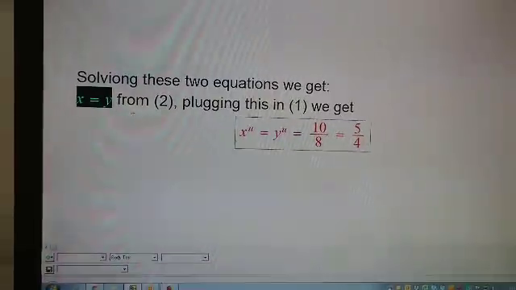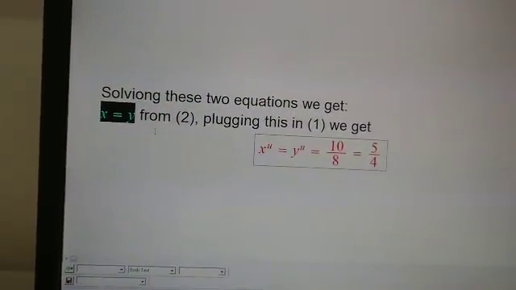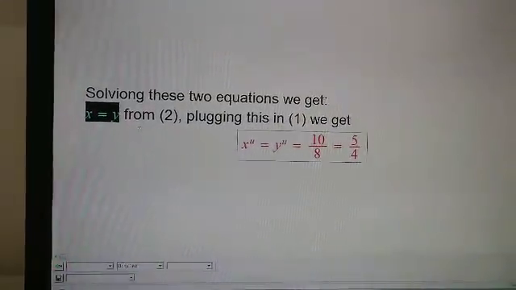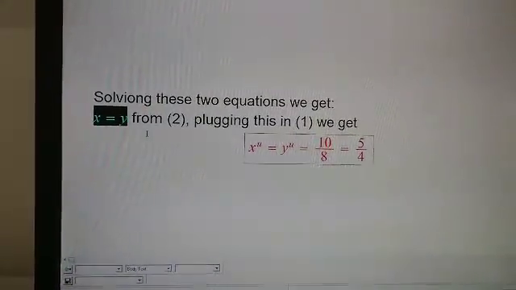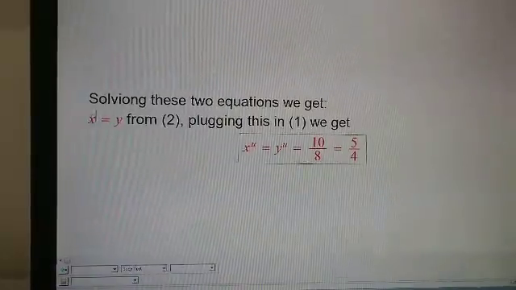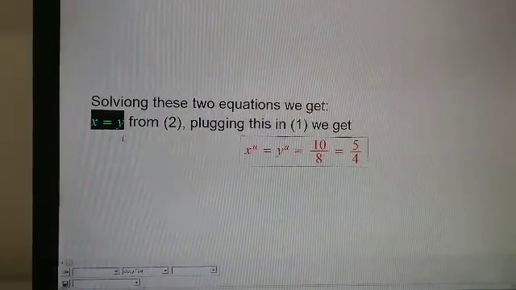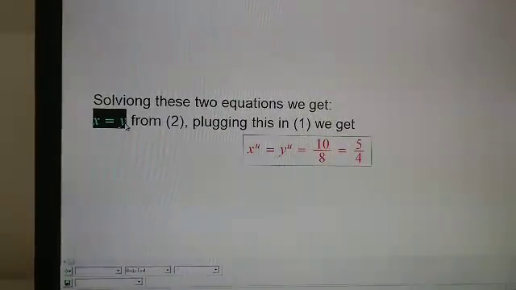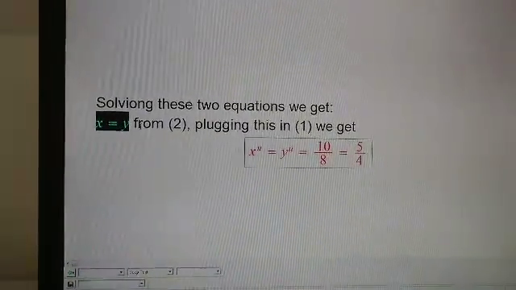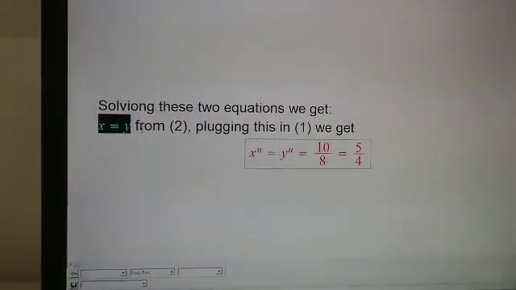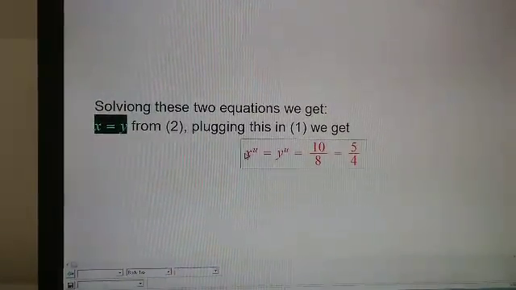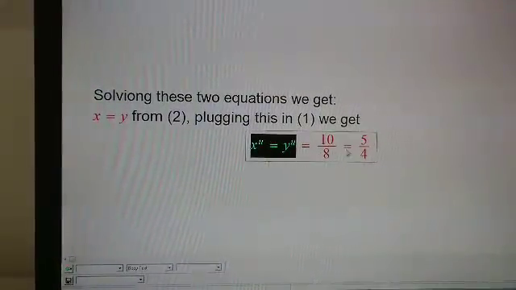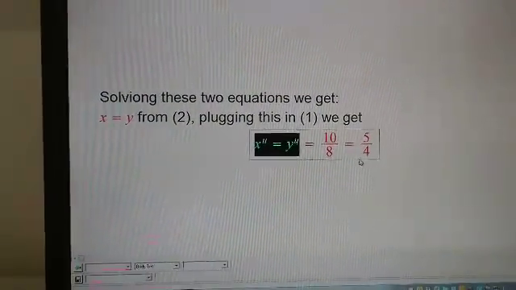This is no surprise because both prices are symmetric, x and y both cost 4, and this person treats x and y symmetrically in their utility, and therefore it's not a big surprise that at the optimal solution, x would be equal to y. So what we do, we plug this into the budget constraint, and we get the following solution. The solution for U is that x is equal to y is equal to 5 over 4.